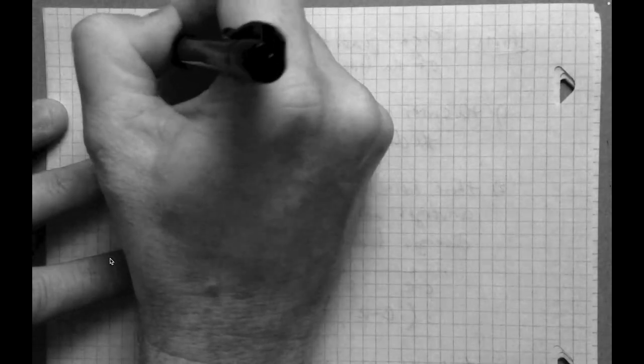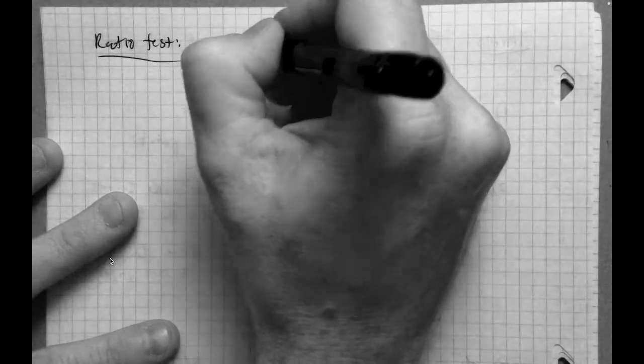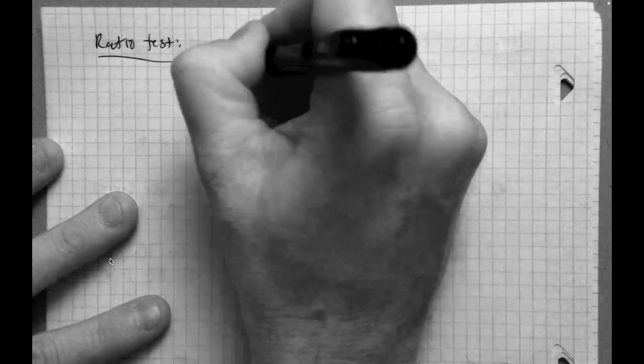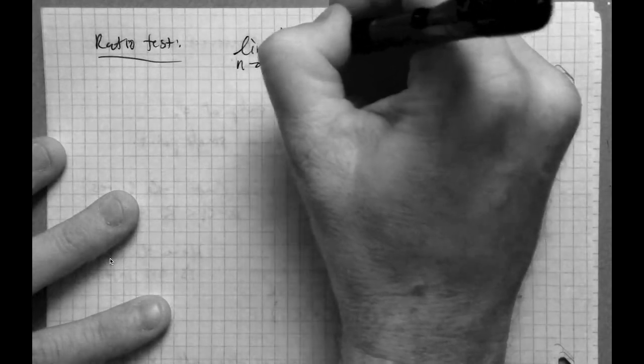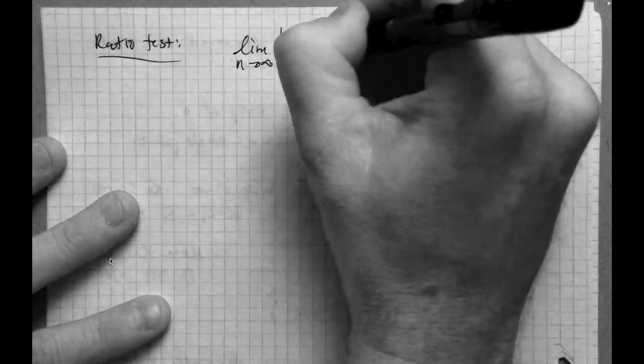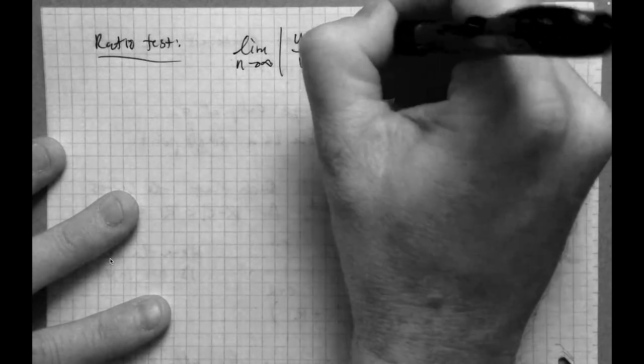And so for this one, we're going to use the ratio test. Right, so remember what we're looking at for the ratio test is we want to test that the limit as n goes to infinity of u of n plus 1 over u of n needs to be less than 1.